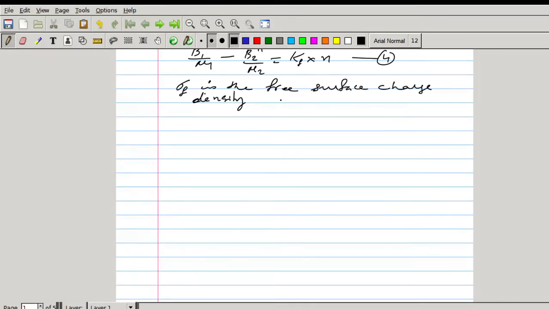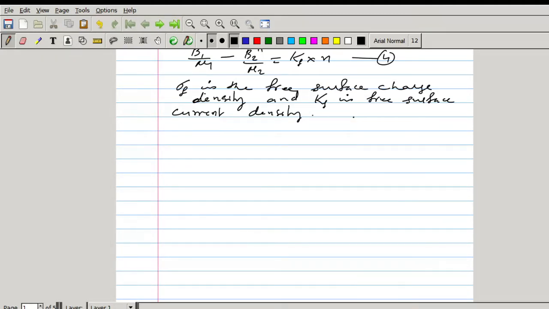Free charge per unit surface area, and Kf is the free surface current density. Surface current density we have already discussed. Surface current density is the current per unit length. Volume current density is represented by J, and is current per unit area.